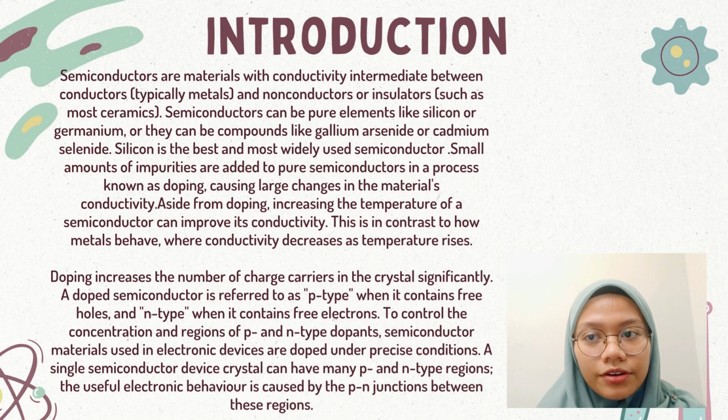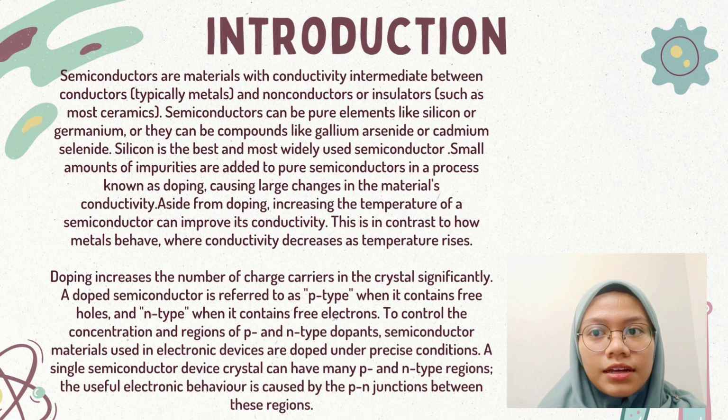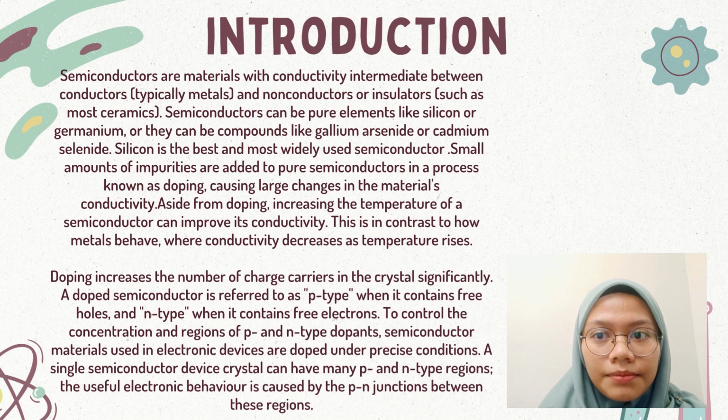Introduction for semiconductor. Semiconductors are materials with conductivity intermediate between conductors, typically metals, and non-conductors or insulators such as most ceramics. Semiconductors can be pure elements like silicon or germanium, or compounds like gallium arsenide or cadmium selenide. Silicon is the best and most widely used semiconductor.